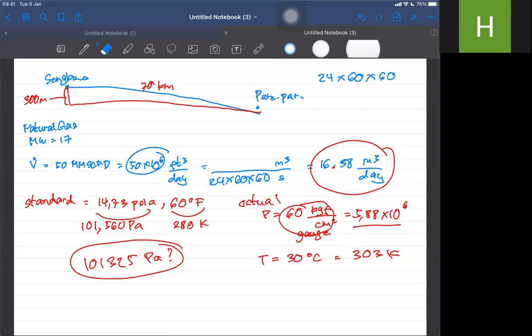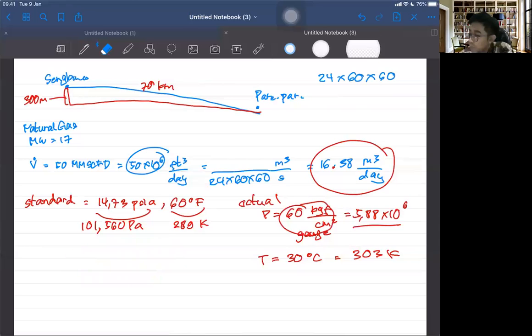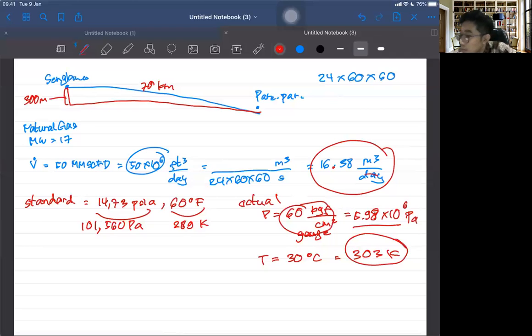I got 5.98 times 10 to the power of 6, sir. 5.98. Okay, so just add one more. So this is the actual value of pressure and the temperature, and this one is the standard value. And 16.38 is the volumetric flow rate, this should be per second, right?